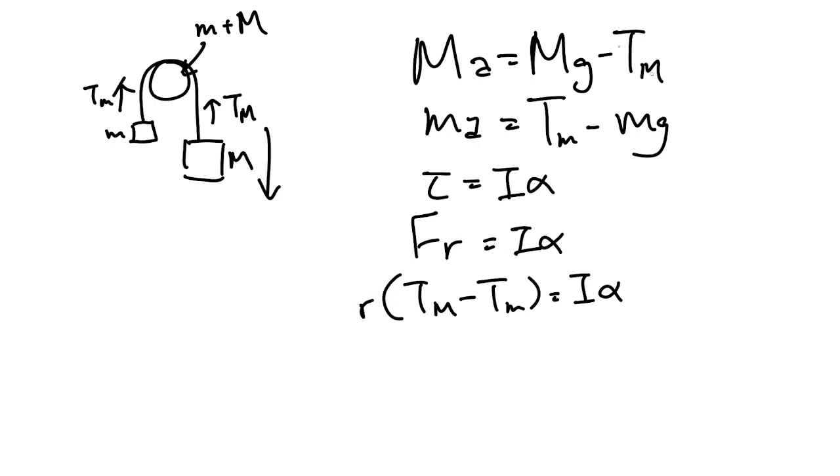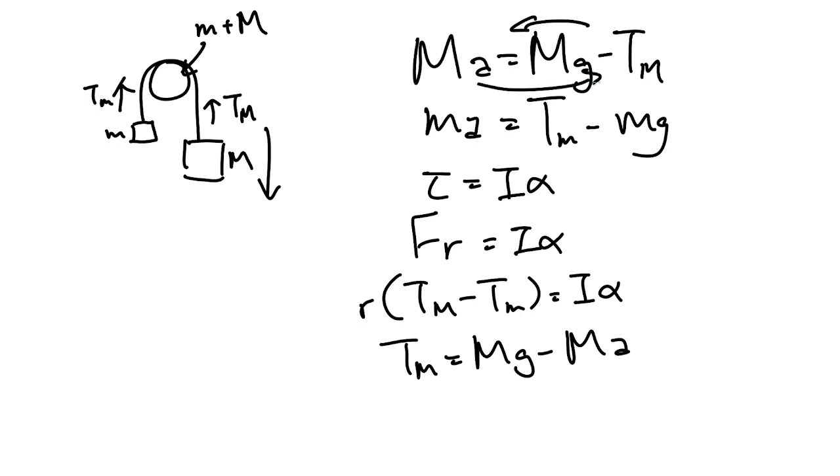So we know that from this equation our tension for big M is going to be Mg minus Ma, if we just move these terms around. And for little m, our tension force is going to be mg plus ma.